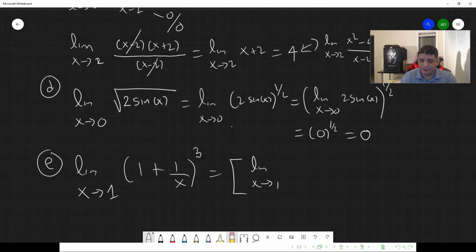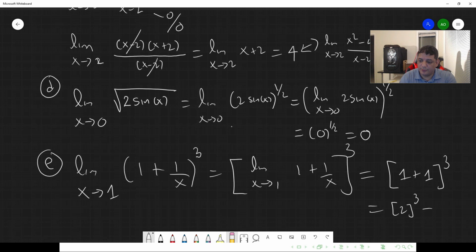This is the limit when x goes to 1 of (1 plus 1 over x) cubed, and then we use the limit. Notice that 1 is not going to cause issues. There's no problem at 1. This is a continuous function, and so this means that this is (1 plus 1) cubed, or 2 cubed, which is 8. Okay, so these are a couple of examples of the use of these properties.